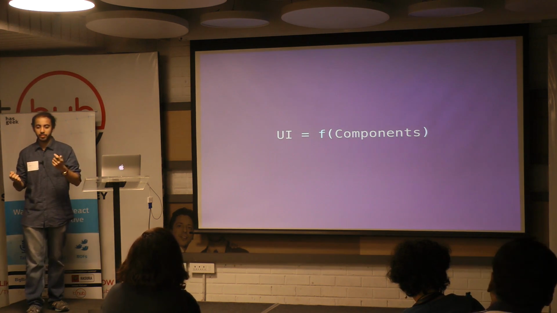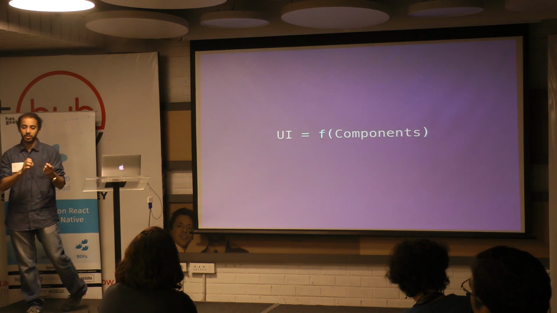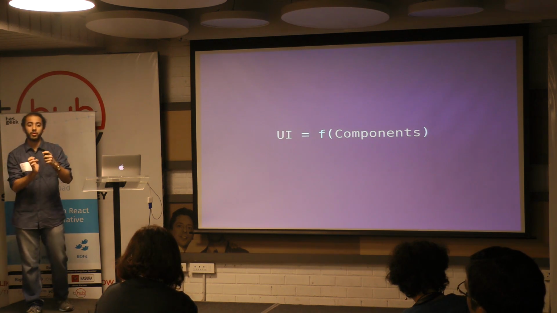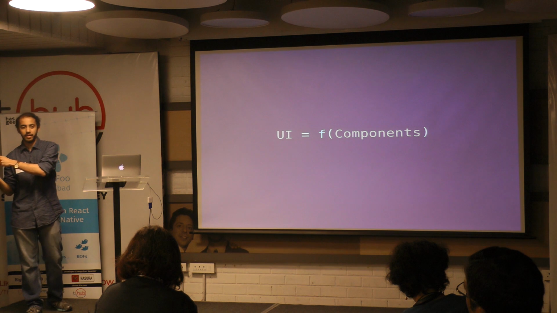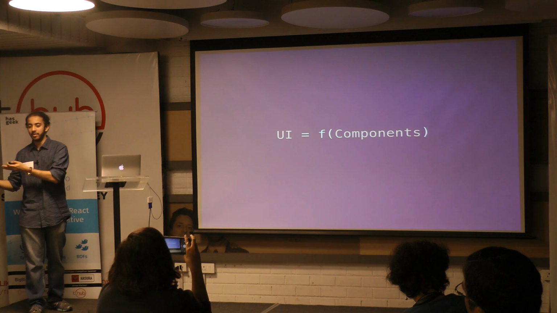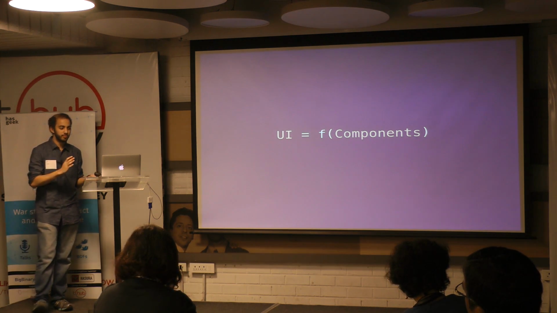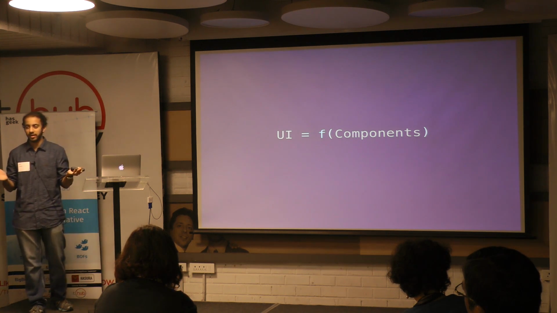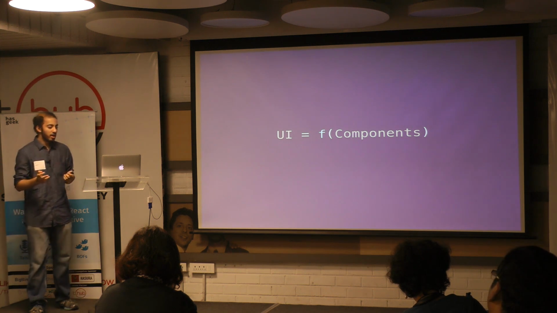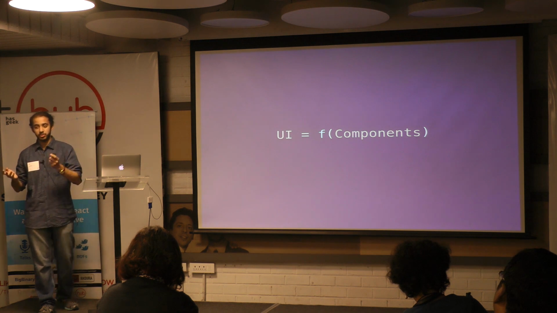So the entire premise is, if you have to think of using reusable components, that if I have one component which I want to use in one place, the same thing with some modifications in another, and in case I could pass a sort of theme to it, to have say an admin view versus a normal view. So that is where you have your entire page as a function of multiple components. Higher order components is one way which helps you achieve it.